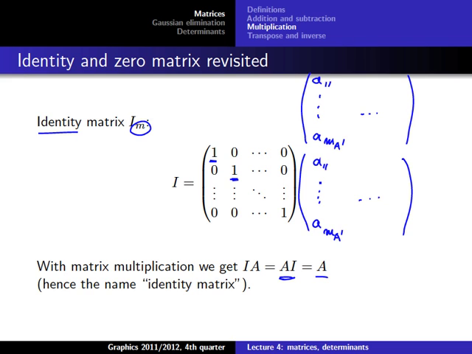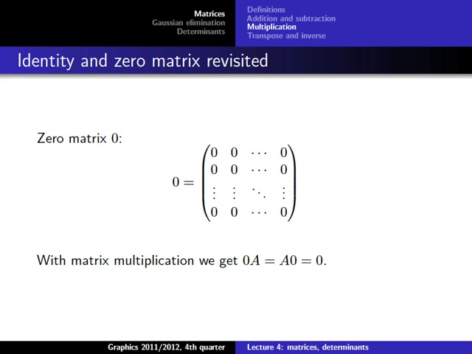So you see here, if you compare matrix multiplication to the normal multiplication of scalar values, then the identity matrix is basically for matrix multiplication what the 1 value is for a regular multiplication of scalars. And likewise, the zero matrix is for matrix multiplication the same as what the 0 is for a regular multiplication of scalar values.